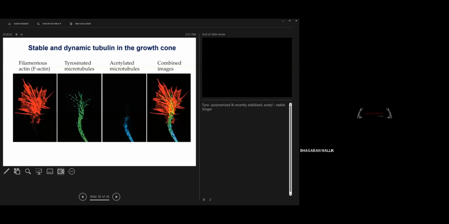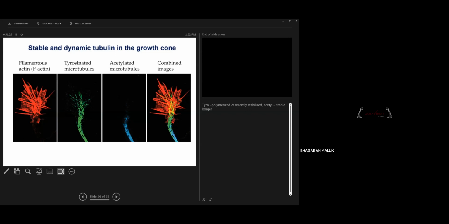This is the staining showing how the growth cone looks in the real scenario. Here the growth cone is labeled with F actin, showing the formation of this filamentous structure at the growth cone, and the microtubule is in green. You can see that the microtubule is mostly present in the axon, and very little in the terminal.